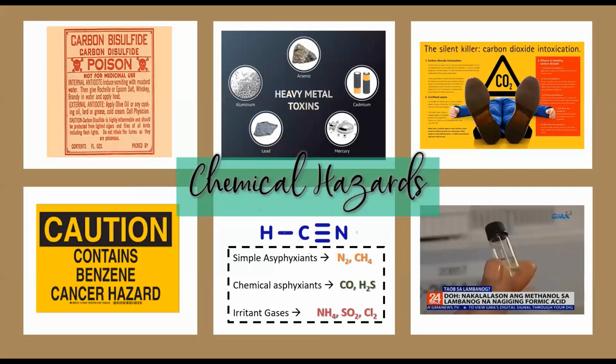Okay? And then, we have asphyxiants. What are asphyxiants? Asphyxiants can cause death by asphyxiation. What is asphyxiation? Asphyxiation is suffocation. So, these types of chemicals can cause suffocation. A typical example of an asphyxiant gas is carbon dioxide. Carbon dioxide intoxication.